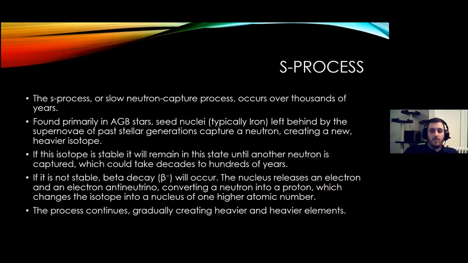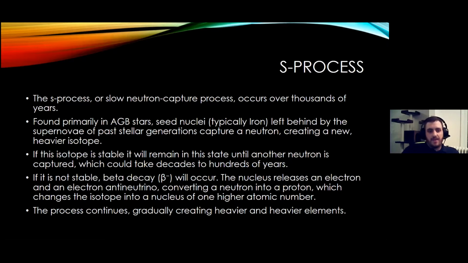And they will interact with this star, which has free neutrons floating around in it, and nuclei will capture one of those free neutrons, which creates that new, heavier isotope. Now, if that isotope is stable, it will remain as that stable isotope, which lasts until it either captures a new neutron, or until it does undergo beta decay.